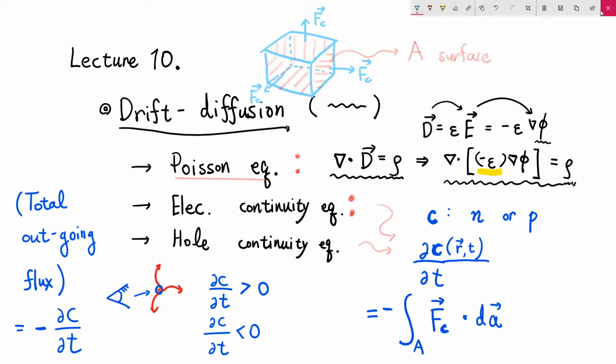When we do such a computation, summing or integrating them all will exactly correspond to the total outgoing flux. So students, please let me know if you have understood up to now.